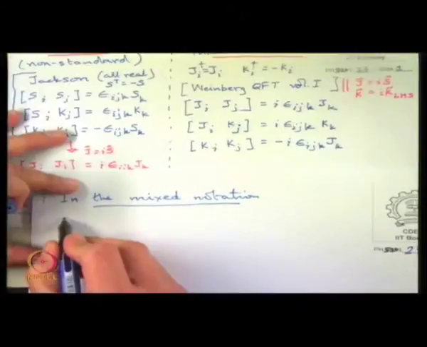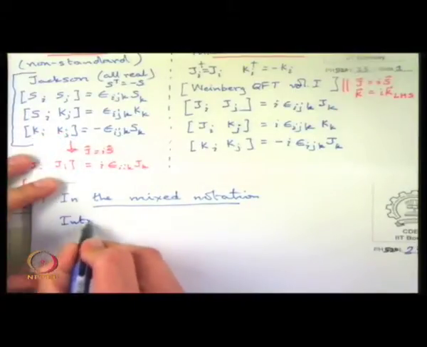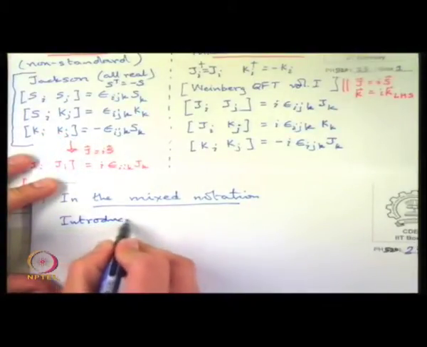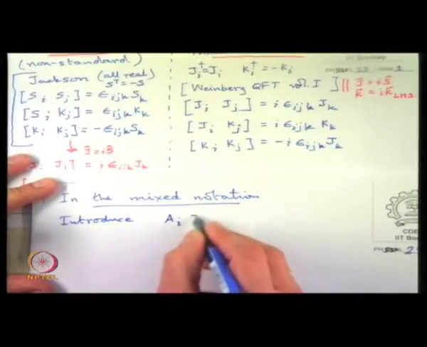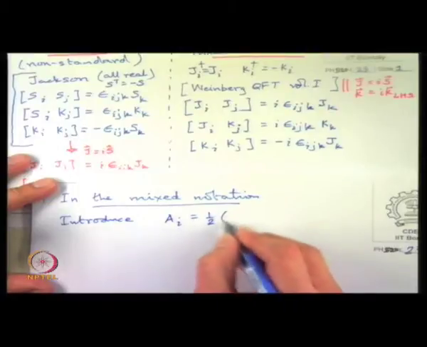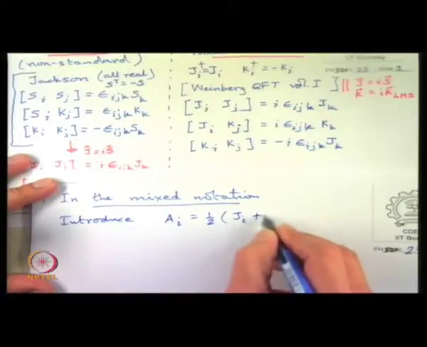Okay. In the mixed notation, which is what we will stick to because it is standard in quantum field theory, we now introduce this A_i equal to 1/2 (J_i plus i K_i).